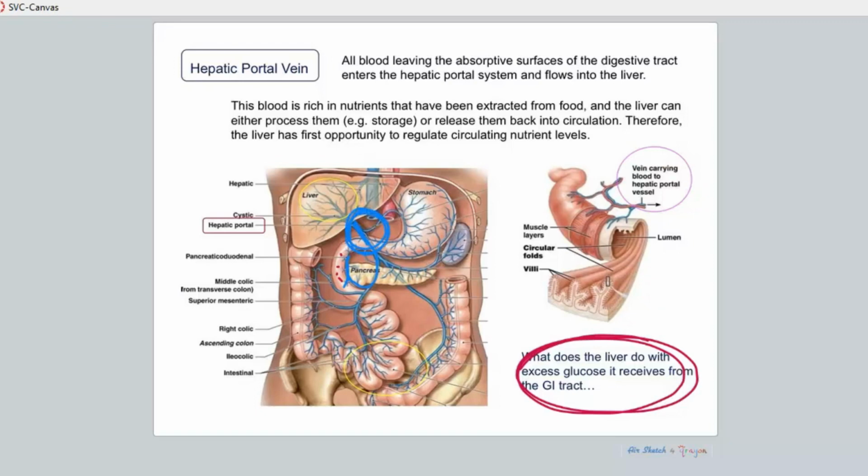And now this glucose molecule goes to the liver. What's the liver going to do with that glucose molecule if blood sugar is super high? If you have hyperglycemia, what's it going to do with that individual glucose unit? I'll let you guys think about that. I know it's on the study questions.